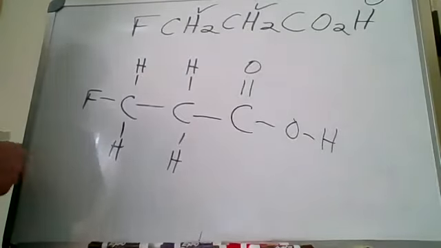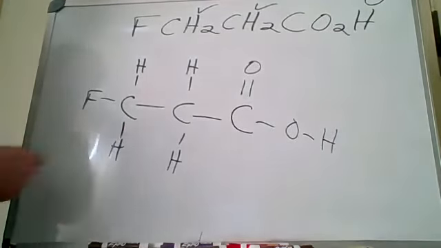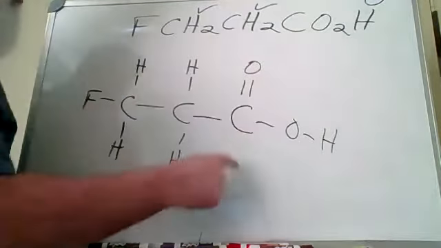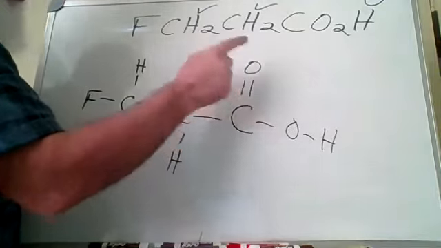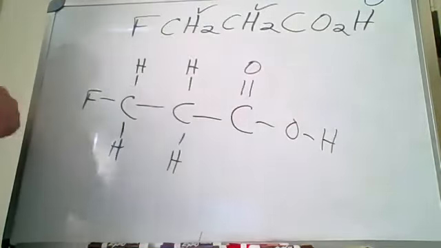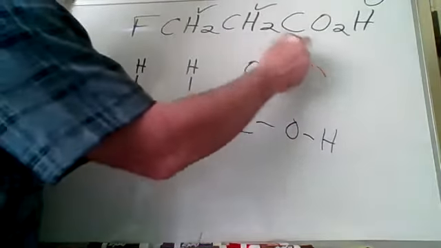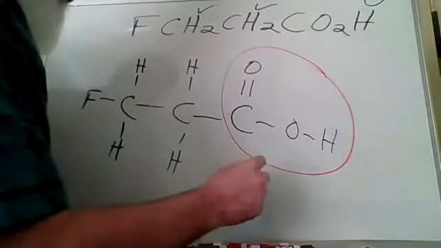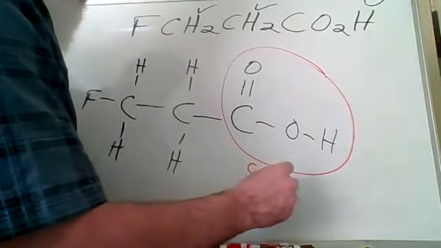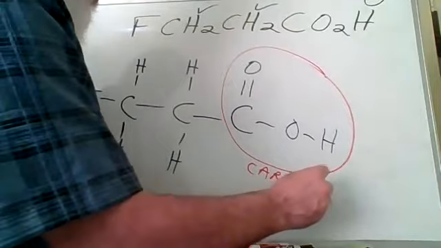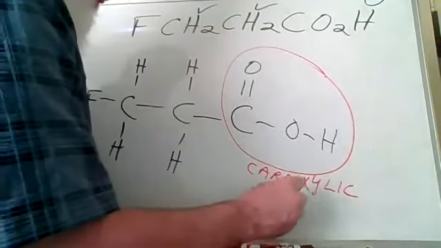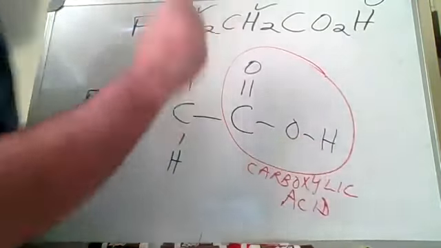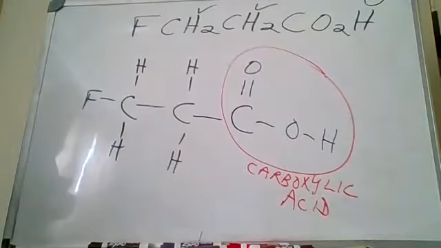And let's circle our functional group. Now, we don't call this a carboxylic acid and an alcohol, or a ketone and an alcohol, right? An atom could only be part of one functional group. So we're going to call this our carboxylic acid. There we go.